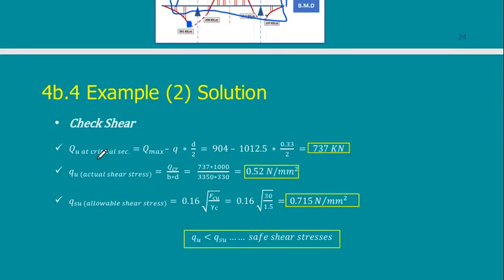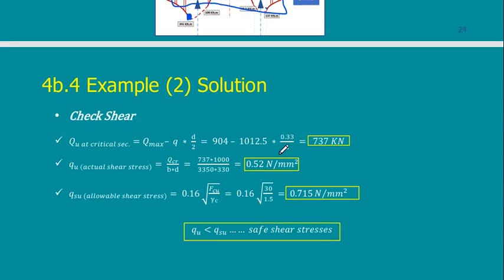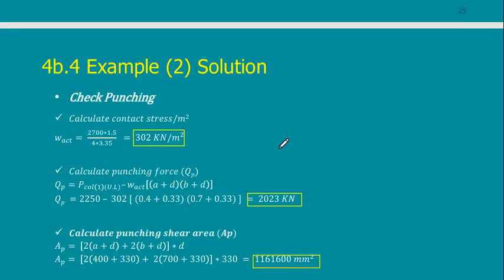So usually I'm going to check shear similar to per column. I will take the bigger column, check shear around this bigger column. If it is safe, then okay. Unsafe, I will increase. Then check punching around the bigger column. If it is safe, it is okay.